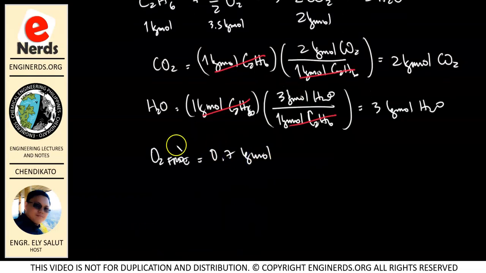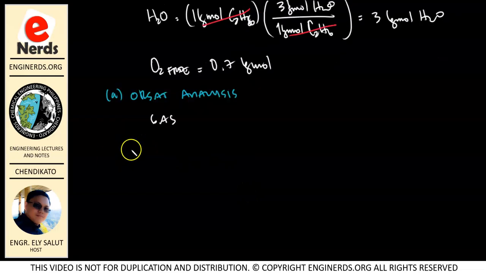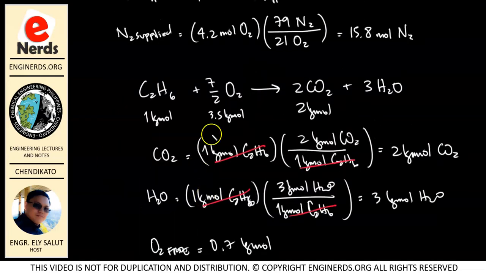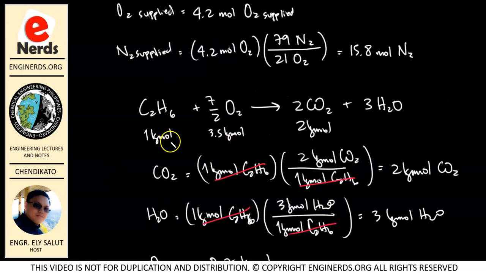Okay, so now we can get our Orsat analysis, having all the details that we got. So first, our Orsat analysis. Okay, so based sa lahat ng na-calculate natin, what gases will we have in our stack gas? So we will have CO2. Then we will have excess O2, di ba?